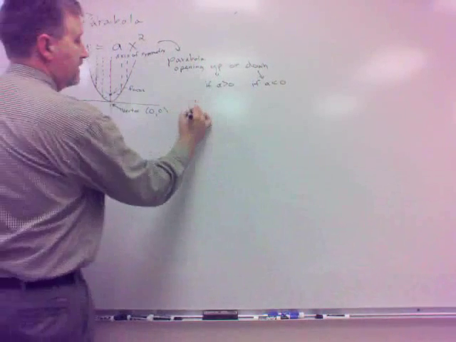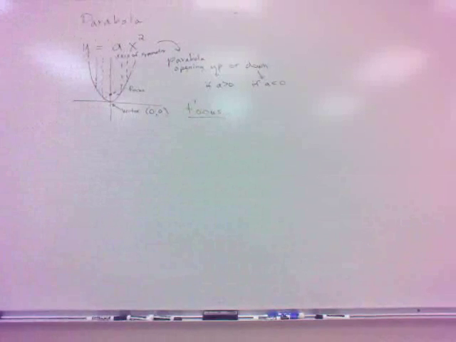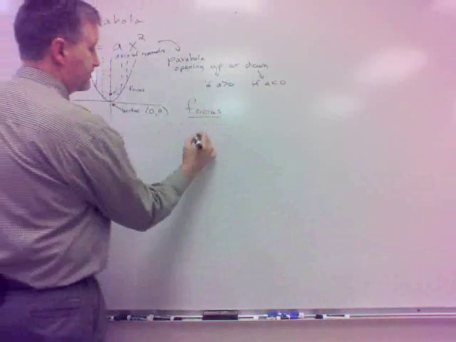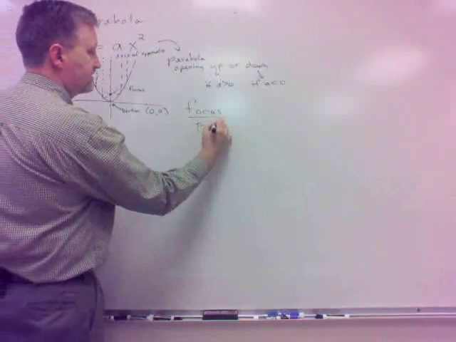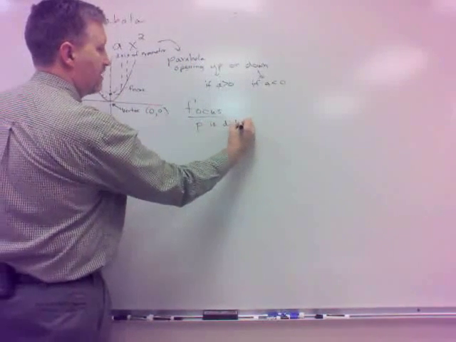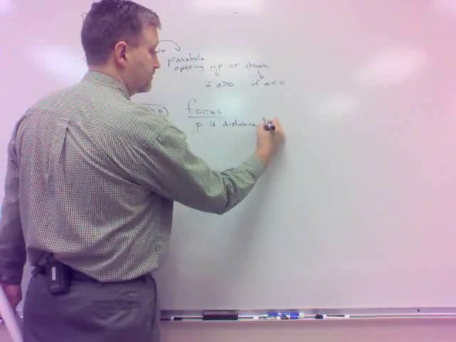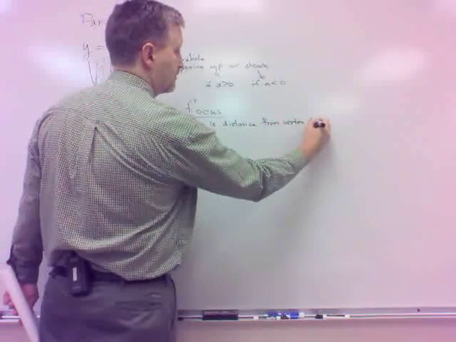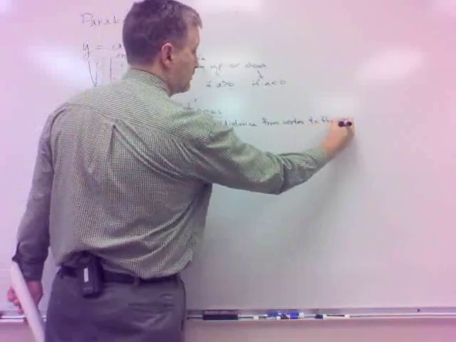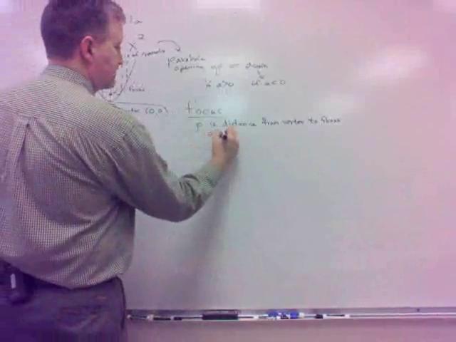Well, as far as formula goes, here's the way I determine the focus. P is going to be the distance from the vertex to the focus. And it's going to be always along the axis of symmetry.